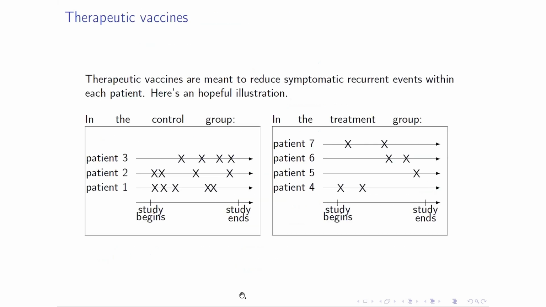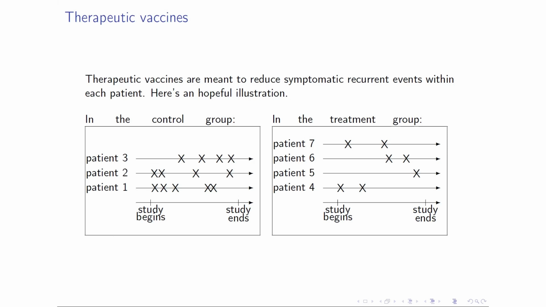Now I want to finish by mentioning, in the second short part of my talk, the case of therapeutic vaccines, which is something my PhD student Martina is working on with GSK, for example. As I mentioned before, each patient now may have more than one time to event.